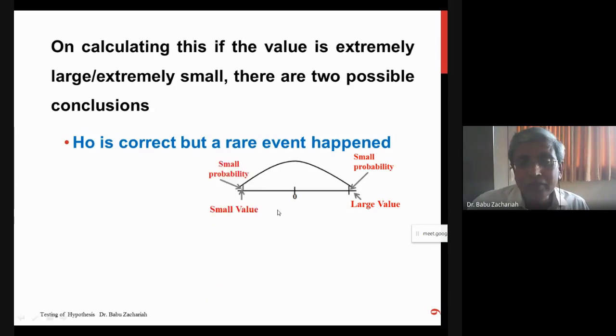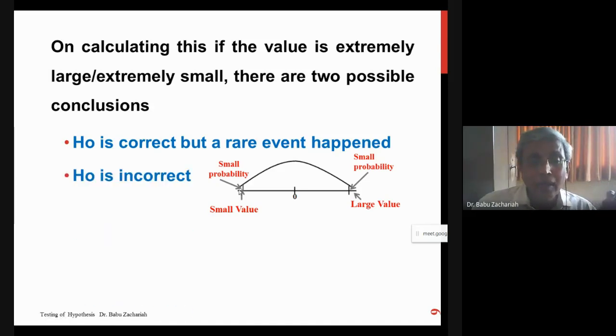A small value comes to the left end, and that chance also is small. So when we have calculated that Z, if it falls somewhere here, or if it falls here, then a rare event has happened. That is the meaning. The other possibility is that H0 itself may be incorrect.